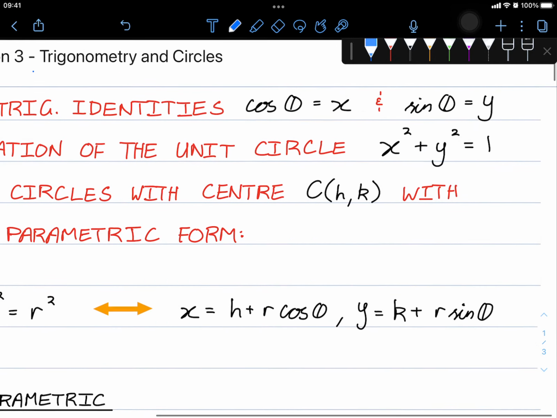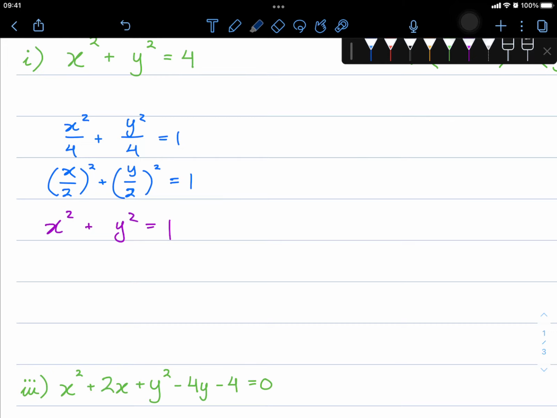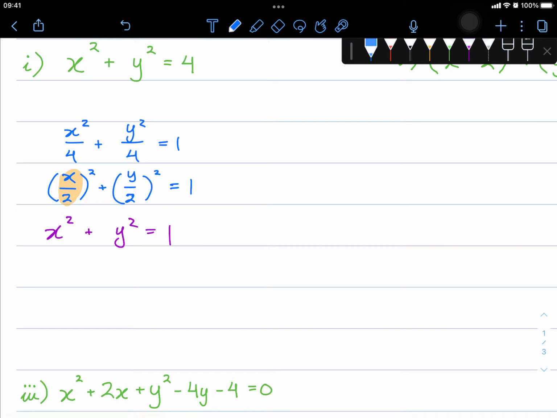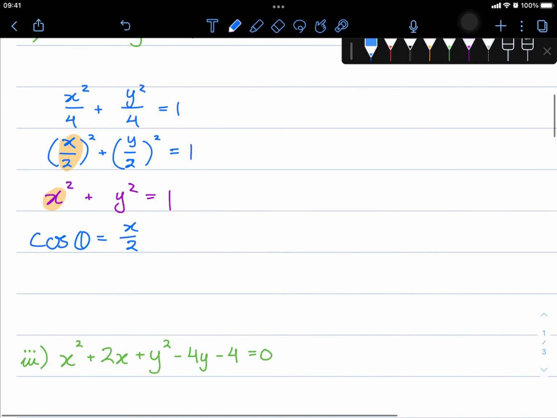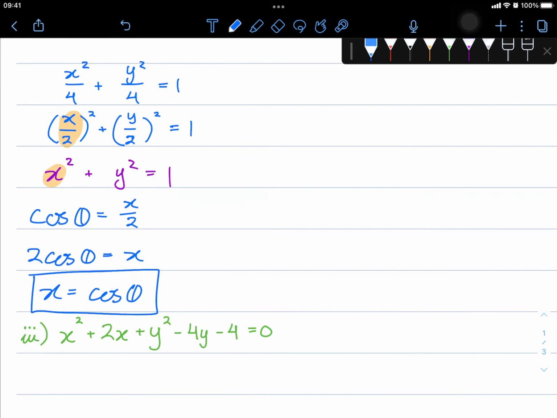And since cos theta is x, we're going to take this expression, let's highlight it here for us. Take that expression, because remember that is now x squared. That is now equal to cos theta equals x on 2. From here, we're going to multiply by 2. 2 cos theta equals x, or x equals 2 cos theta. That there is our first parameter for x.